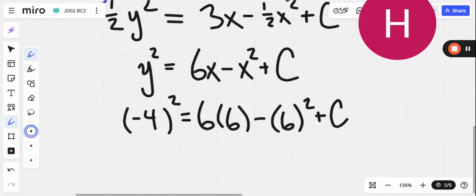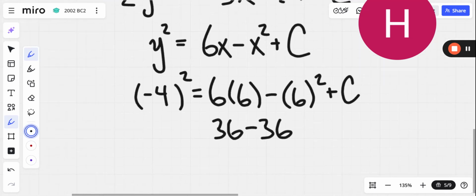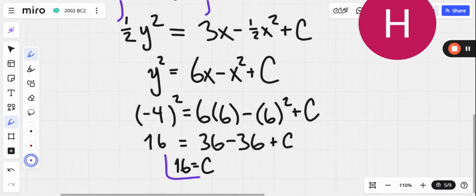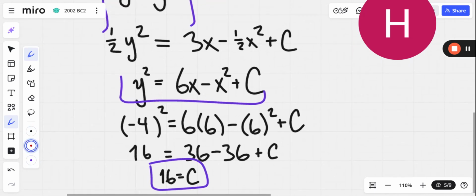Well, that works out kind of nicely, doesn't it, family? Because 36 minus 36 is simply 0. And so our c value here is 16. Now, be careful, that's the c value that goes with this equation, not the c value that goes with this equation. It's sort of like a different c.